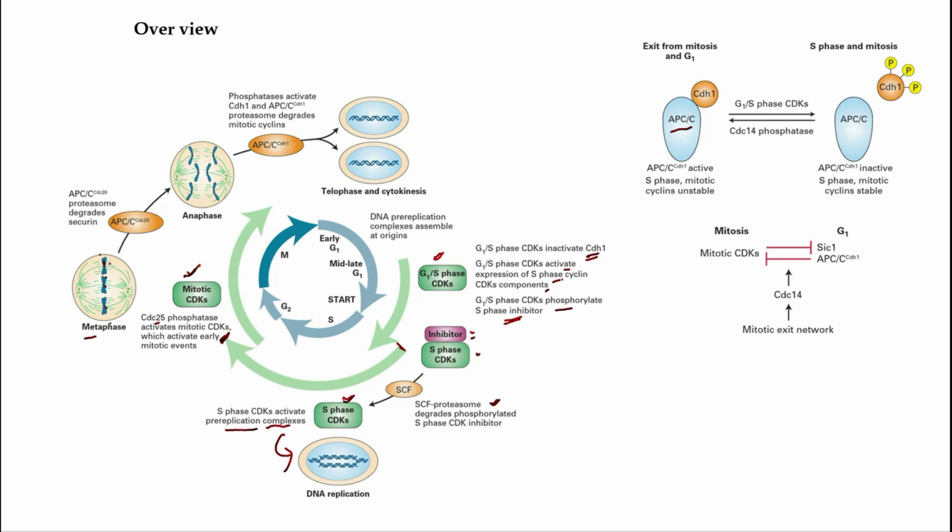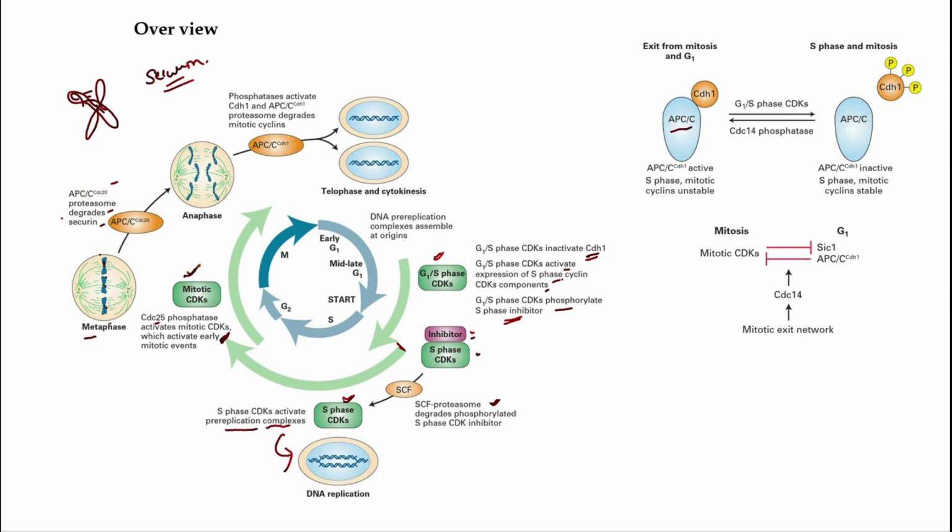When the cell is ready to divide, or when the chromosomes can now separate into two parts, the APC-CDC20 proteasome degrades securin. If this is the chromosome, it is held together by a protein known as securin. What does APC-CDC20 do?